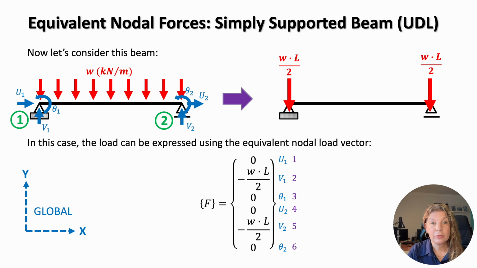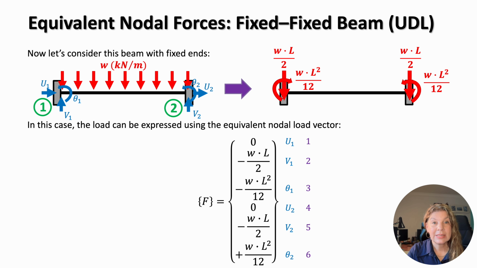There are no axial forces, so the U degrees of freedom are 0. And because the ends are simply supported, no fixed end moments develop, so the rotational degrees of freedom are also 0. So for a simply supported beam under a uniformly distributed load, the equivalent nodal forces appear only at the vertical degrees of freedom.